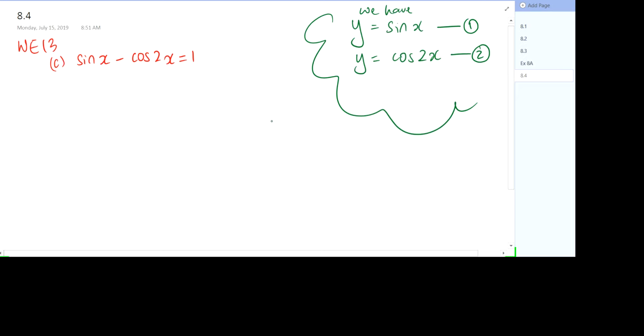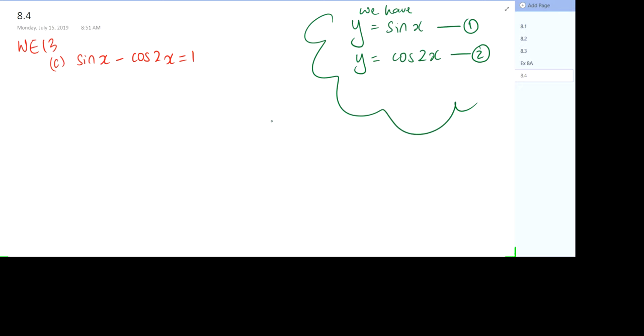The question is, do you want to make use of your existing sine x graph or your existing cosine 2x graph? Why do you want to make use of your existing cosine 2x? Which one is more difficult to draw, sine x or cosine 2x? Cosine 2x is a bit harder to draw because you have two complete cycles within 0 to 2 pi.